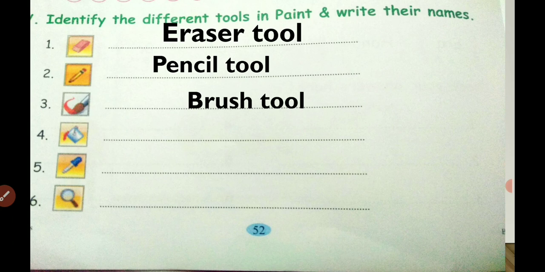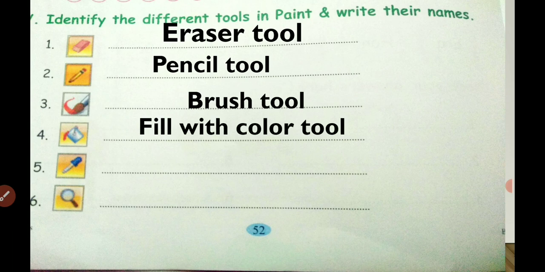Okay, the fourth one looks like the shape of a bucket. So it is the fill with color tool. F-I-L-L, fill. W-I-T-H, with. C-O-L-O-R, color. T-O-O-L, tool, fill with color tool.